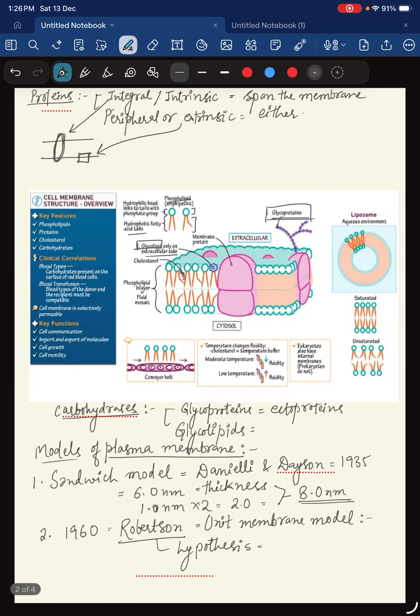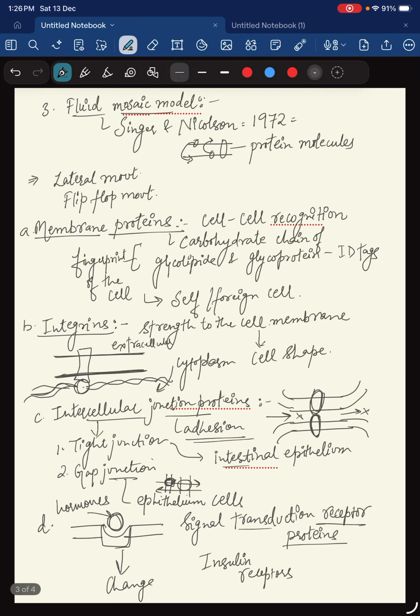Then we have seen the positioning of different components like carbs, lipids and proteins present on the plasma membrane. Lastly, we have seen the type of proteins present on the membrane, which undergo lateral movements or flip-flop movements. The membrane proteins are already present on the membrane.